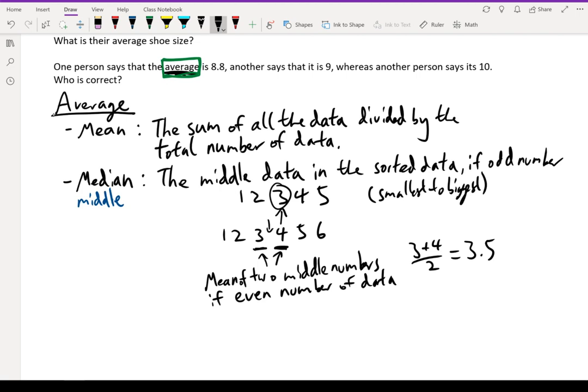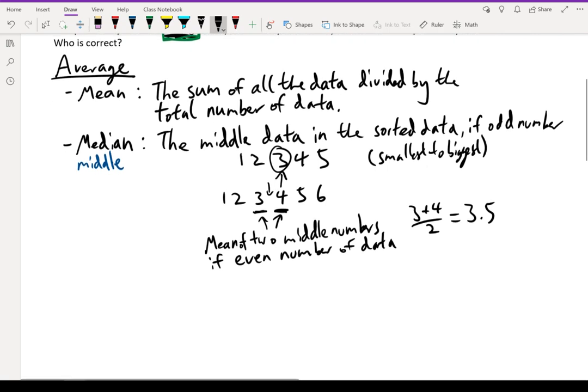Okay, if the total number of data is odd, then you take the most middle one from visually. Okay, so it looks like it's right in the middle. Whereas if it's an even number of data, you would take the two middle numbers and you would find the mean of them. Okay, which is right in the middle of those two numbers. Okay, so that's median.